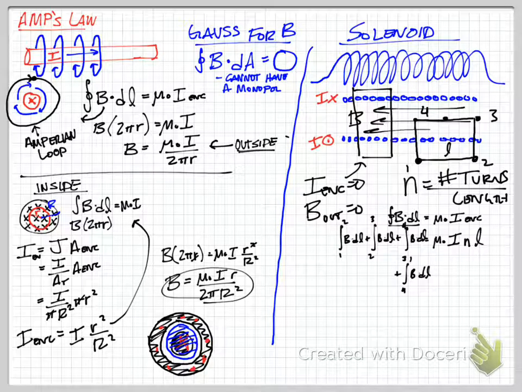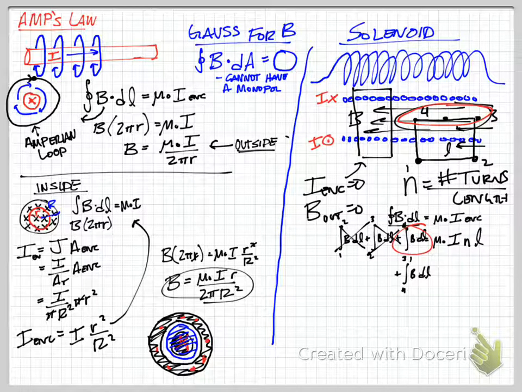So if we look at the first one, from 1 to 2 we have 0 magnetic field, so that doesn't give me any contribution. From 2 to 3 we notice that our magnetic field is at right angles to our length, and so that dot product gives me nothing. Then from 3 to 4, let's do that in red so you can see it. From 3 to 4, the magnetic field is parallel to our length, so I have a contribution there. And then from 4 on back to 1, we are perpendicular again, so that goes away.